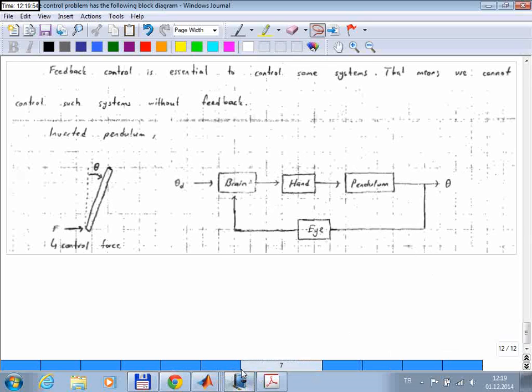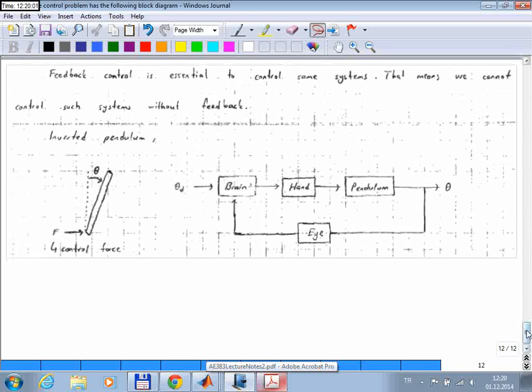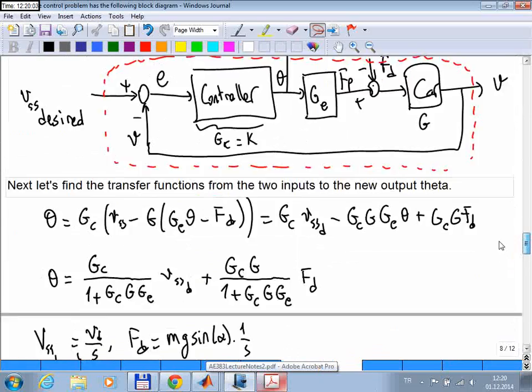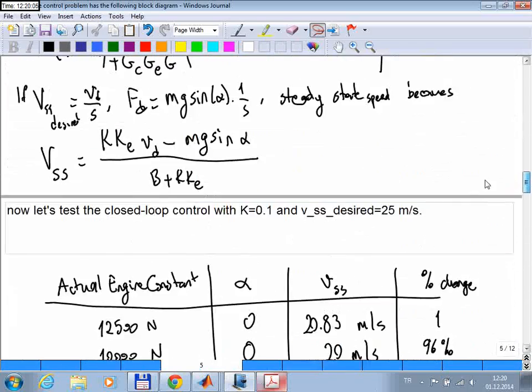Okay, so we have about 10 minutes left, and I would like to draw your attention to another important detail which I didn't mention before.